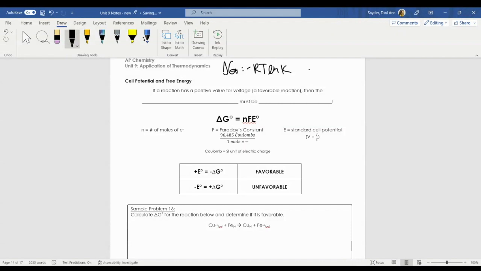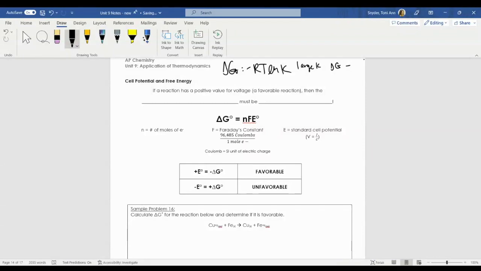And this makes sense because if you have a very large value for K, that means that we favor the products of the reaction. We have a very high concentration of products. This means that my delta G, my Gibbs free energy, is going to be negative because this reaction tends to proceed in the forward direction. So there is a relationship between delta G and the equilibrium constant K.